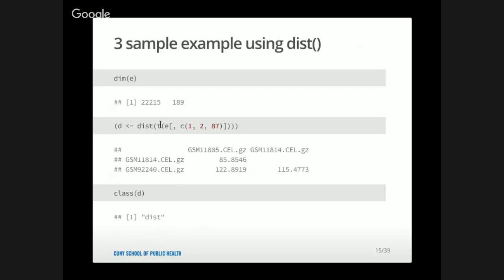So I have to transpose this to get the distance between samples. If you forget to do that, you probably crash your computer because you're calculating a 22,000 by 22,000 distance matrix.